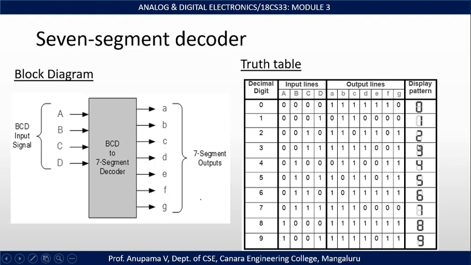Similarly 3. So in this format you will write 3. So in 3, e and f will be 0 and all other values will be set to 1. Similarly, you can write each and every number on LED display and complete the truth table.